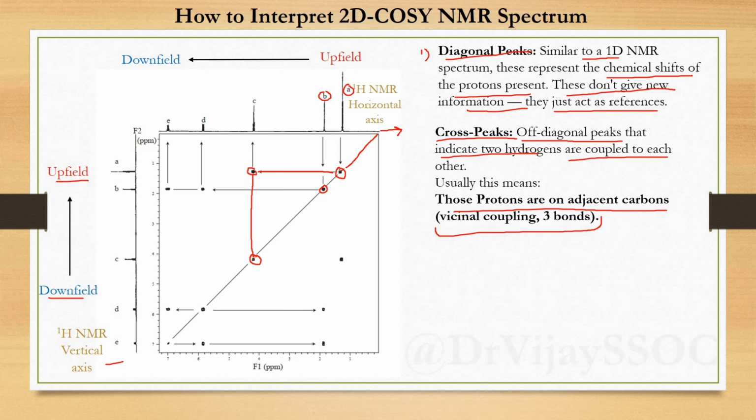So it means that this peak and this peak are correlating to each other. Therefore, we can say that protons A and C are on adjacent carbons.